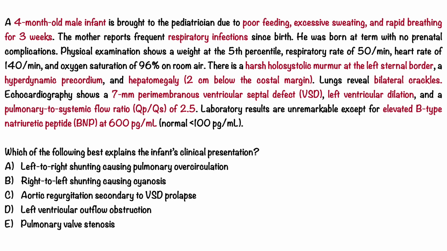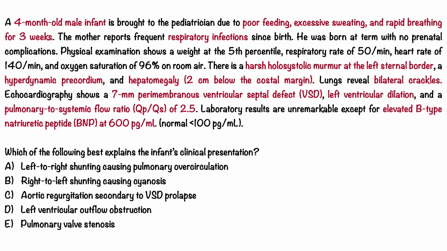There is a harsh holosystolic murmur at the left sternal border, a hyperdynamic precordium, and hepatomegaly 2 cm below the costal margin. The lungs reveal bilateral crackles. Echocardiography shows a 7 mm perimembranous ventricular septal defect.